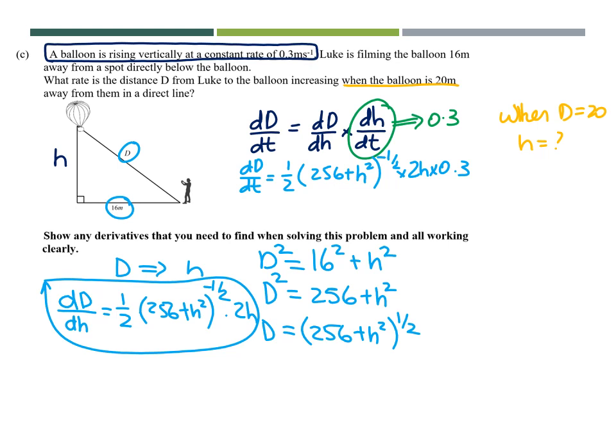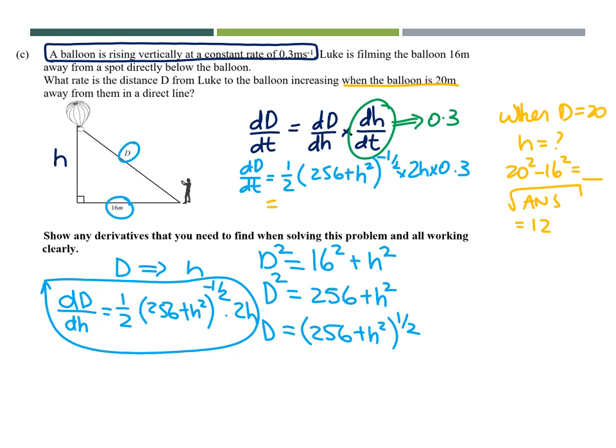Yep. So you're going to go 20 squared minus 16 squared equals something. You're going to take the square root of that answer. What does it give you, please? 12. Oh, that's a 3, 4, 5 triangle. 12.